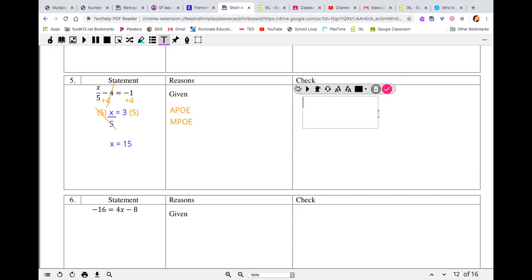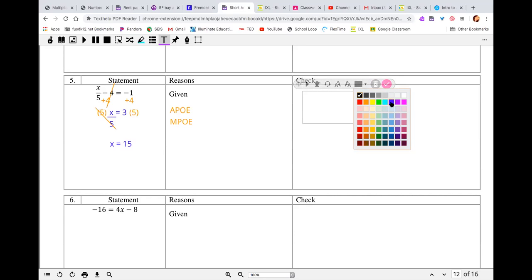So now I'm checking my work. How am I going to do that? Rewrite the problem. Okay. -4 equals -1. That's on the bottom. Oh, but that's not x. We said x was 15. Okay.